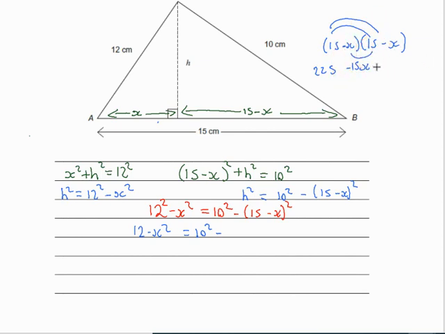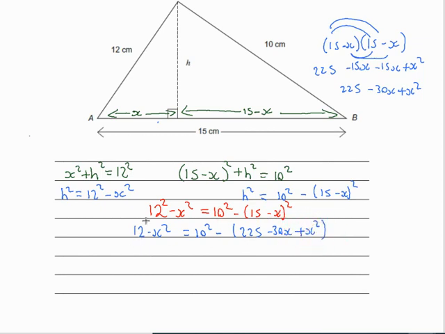Minus x times 15 is minus 15x. Minus x times minus x is plus x squared. So we've got 225 minus 30x plus x squared. So minus 225 minus 30x plus x squared.